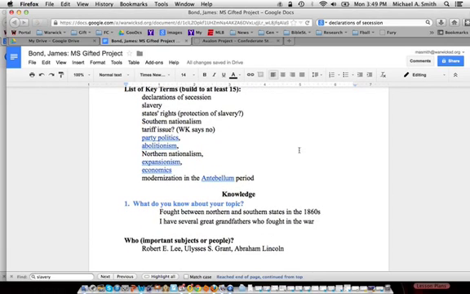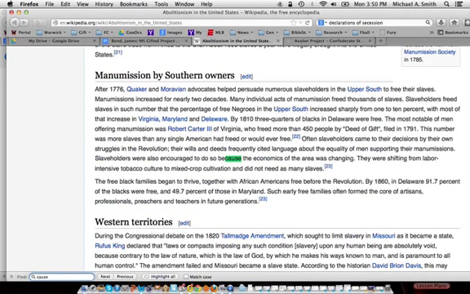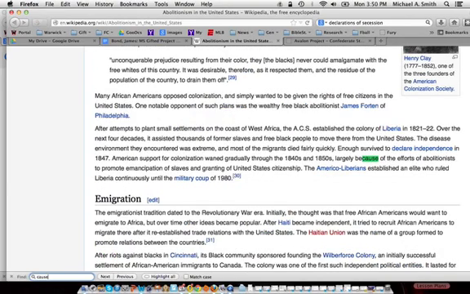So let's go up here now and look at abolitionism. If you notice it's hyperlinked, it's in blue. It will take us right to the Wikipedia site. Again, if we do the Command F, let's type cause and see what comes up. Notice because is hit a lot of times.